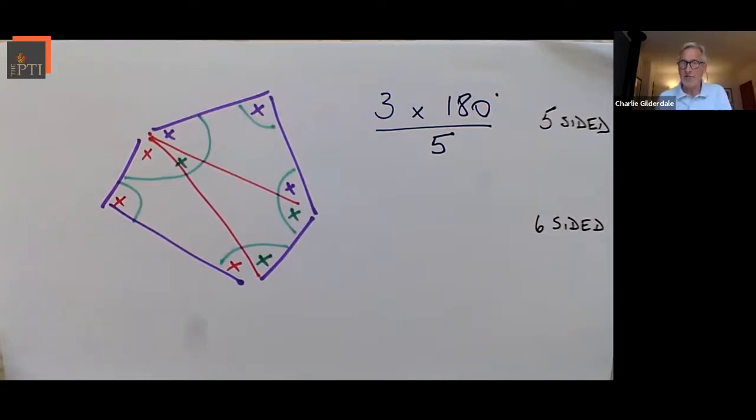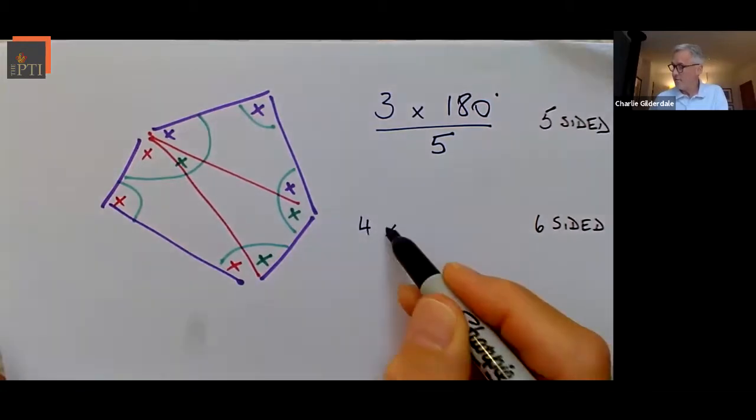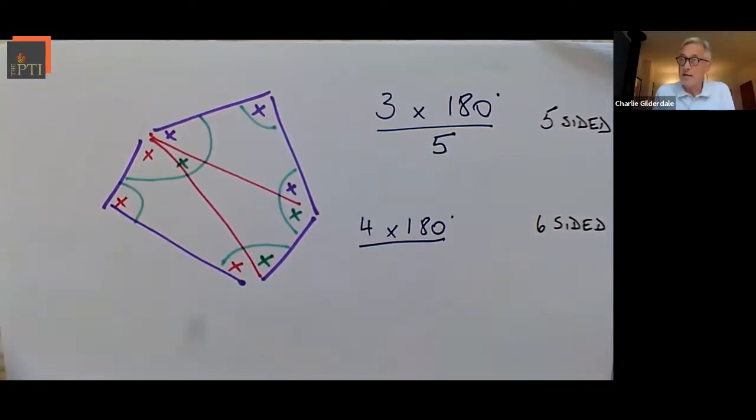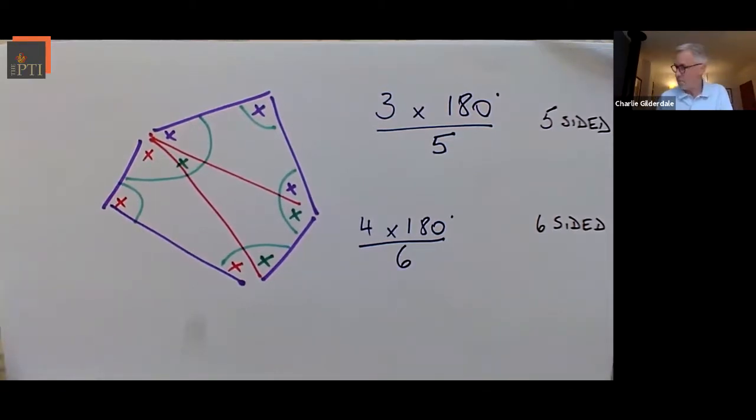I would have split the hexagon into 4 triangles. So I would have had 4 lots of 180 degrees. And because I'm interested in the angles of a regular hexagon, I would have divided by 6 if I wanted to work out what each angle came to.